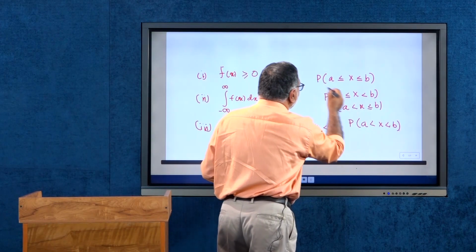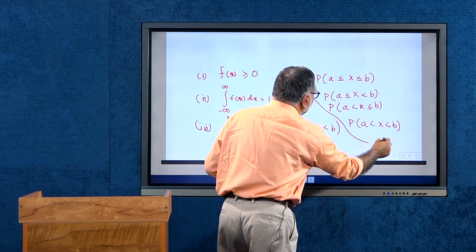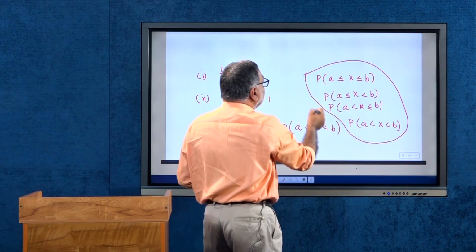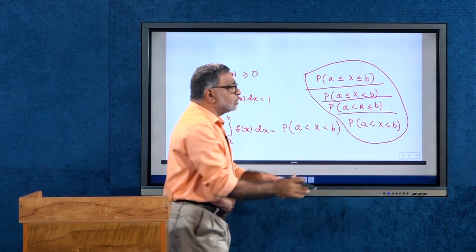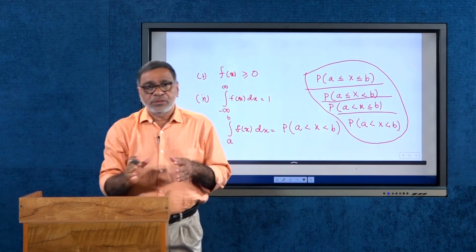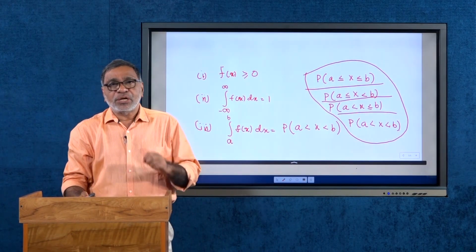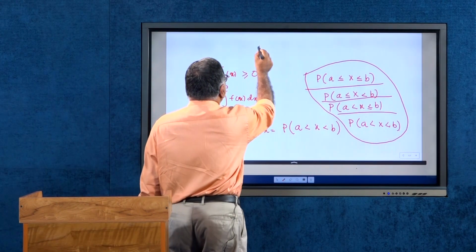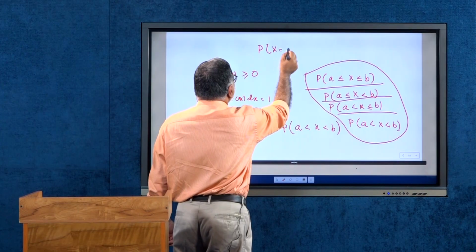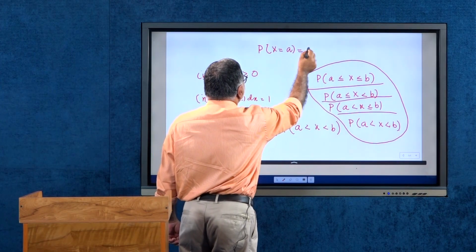See these 4 situations. For a continuous random variable, all these 4 probabilities are the same, because for a continuous random variable X, the probability of taking a single value, let it be a, is equal to 0.